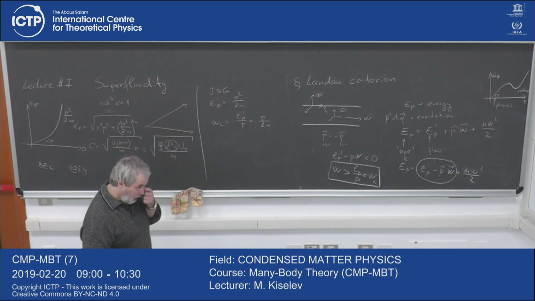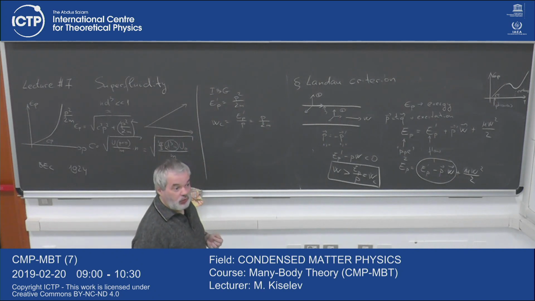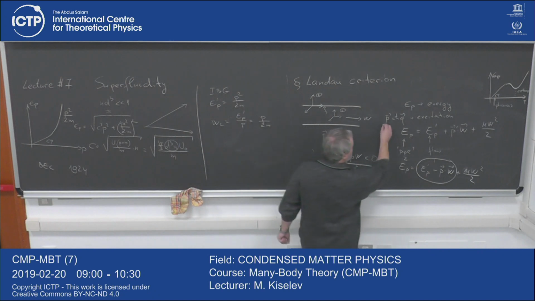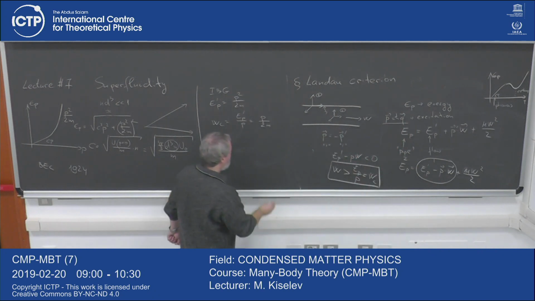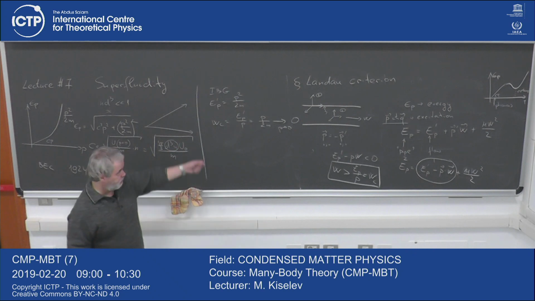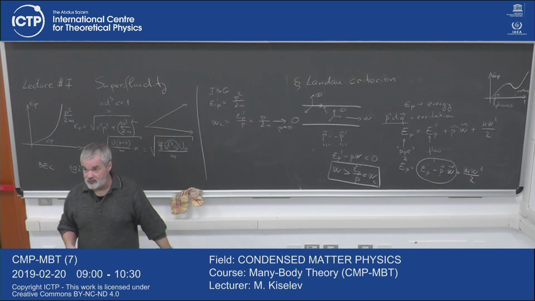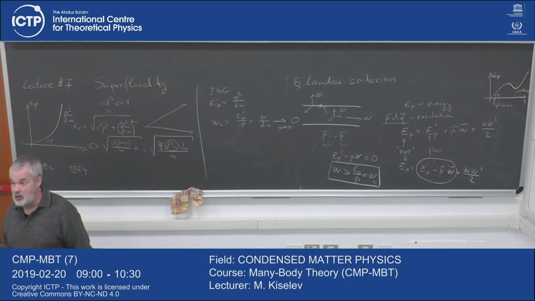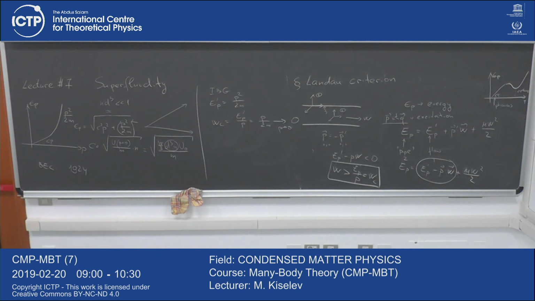However, we want to create excitation with arbitrary small momentum. So therefore, if we consider this equation in the limit momentum goes to 0, we get that critical velocity is 0.